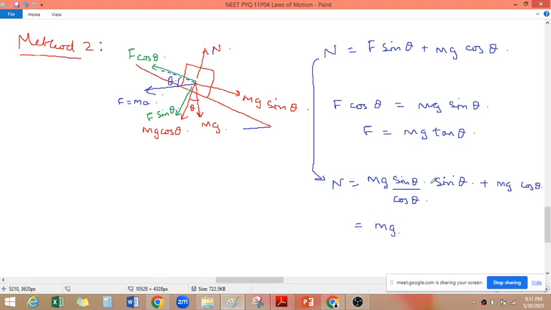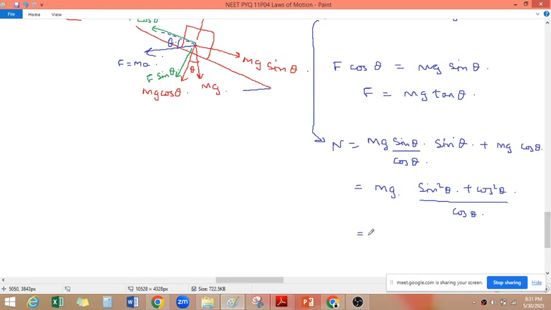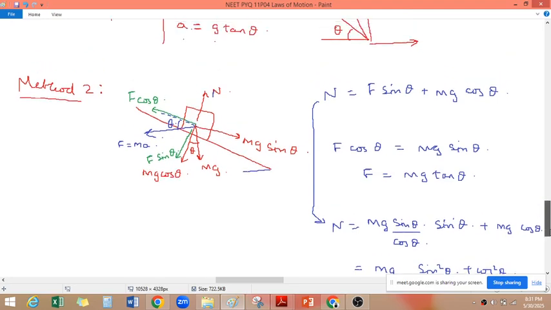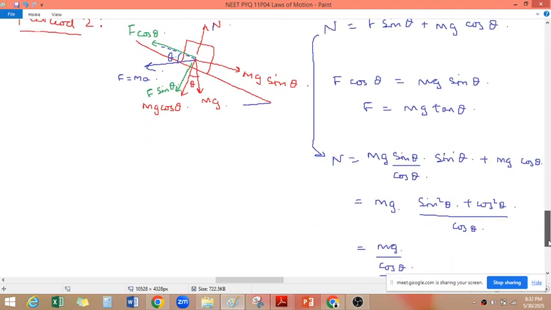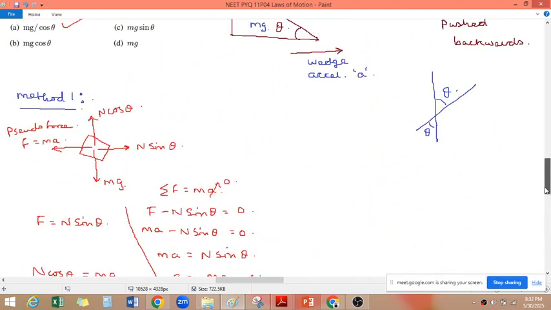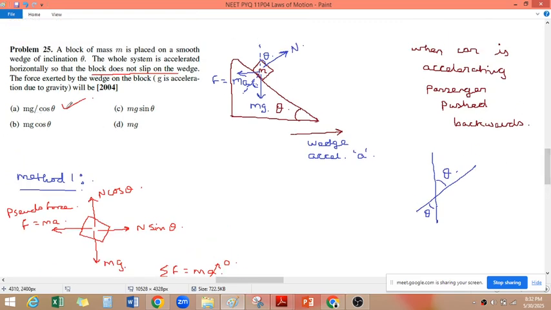Mg is common, this will become sin squared theta. Cos theta will multiply here, so it will become cos squared theta divided by cos theta. Sin squared plus cos squared will become 1, so I will get mg by cos theta. So you will get the same answer in both the cases. Mg by cos theta is your answer.